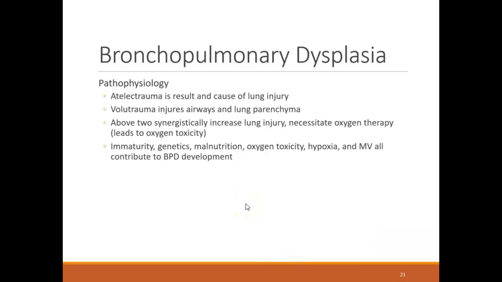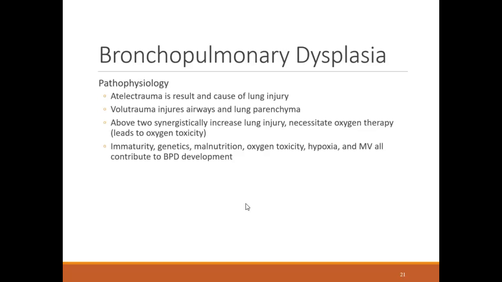All right, so bronchopulmonary dysplasia. This is usually seen in babies that are preterm. This usually develops into a chronic pulmonary disorder. Preterm babies that have RDS will develop a chronic pulmonary disorder called BPD, or bronchopulmonary dysplasia.